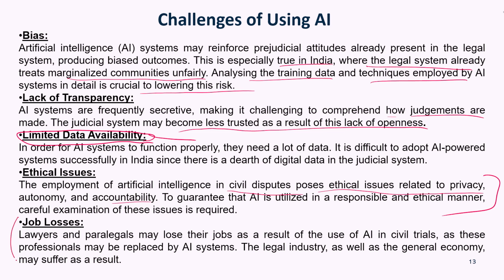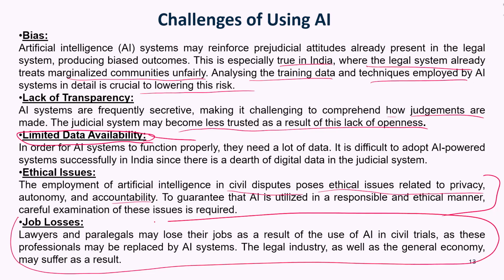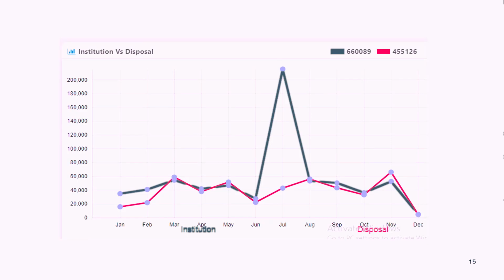Then there is a myth about job losses, which I believe is not correct. If you look at the disposal of cases in the institutions across different courts or different judicial systems in the country, it is very shady, or you may say not so encouraging, but it was only in the cases of particular usages of the AI, wherever it was done, that it improved.